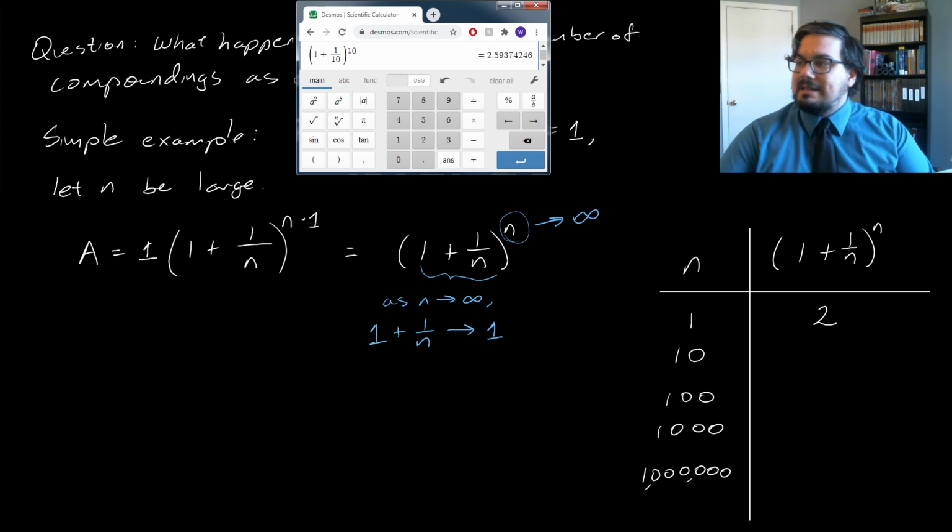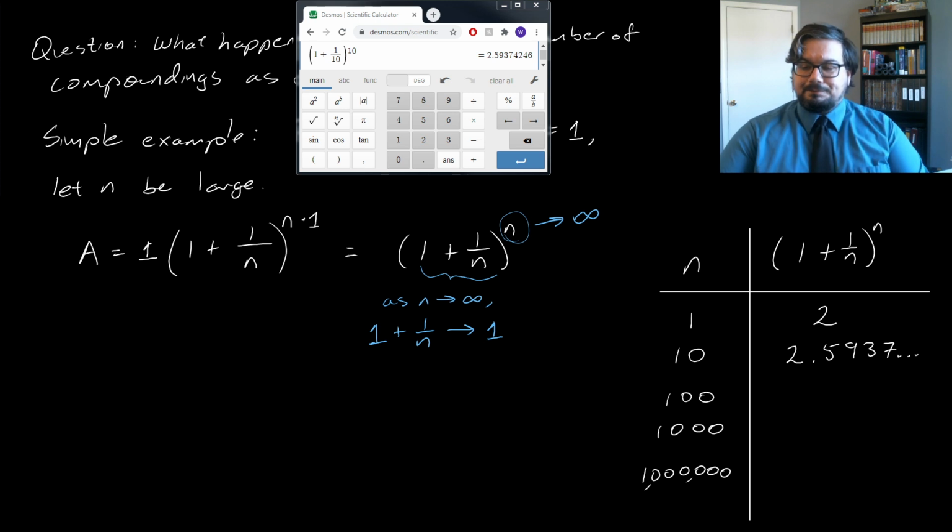If we compounded 10 times a year, then we get quite a lot more. We get 2.59, and I'm going to go ahead and get us some more decimal places here. We have 2.5937, so already we've made quite a lot more than we did before.